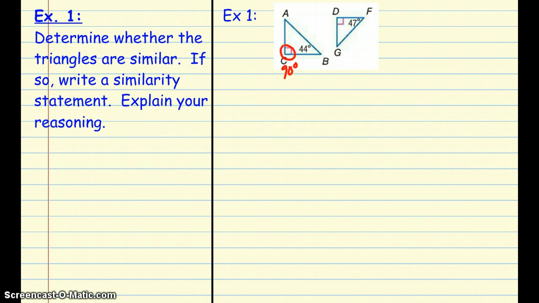So if we want to figure out the measurement of angle A, what can we do? Well, we know that triangles add up to 180 degrees, and I know that 90 plus 44 is 134. So I can subtract that 134 from 180, and I get that angle A is 46 degrees.